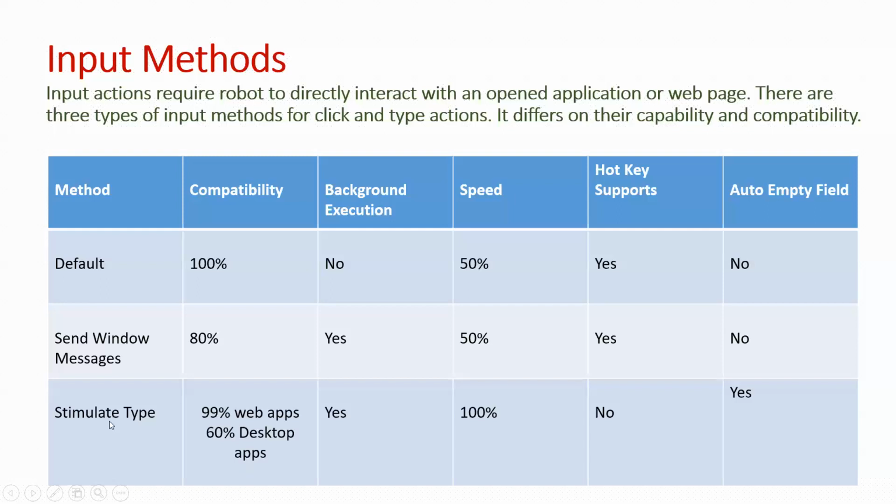Coming to simulate type, it is compatible with 99% of web apps and 60% of desktop apps. Simulate type supports background execution. Coming to speed, simulate type is the fastest input method compared to default and send window messages. But it does not support hotkeys, though it supports auto empty field.